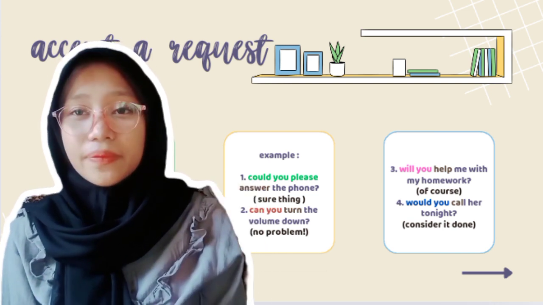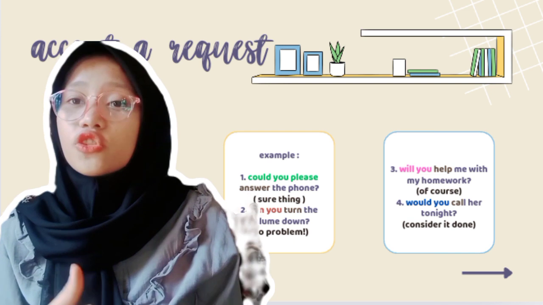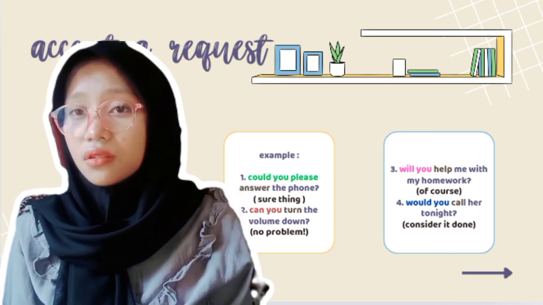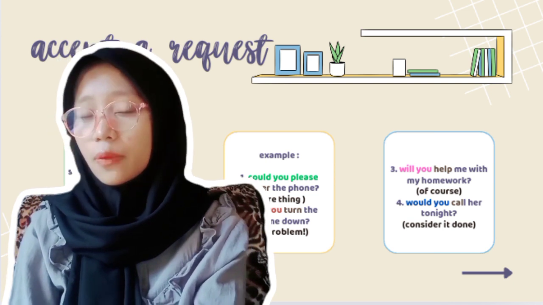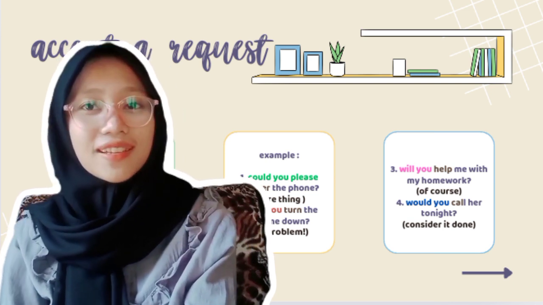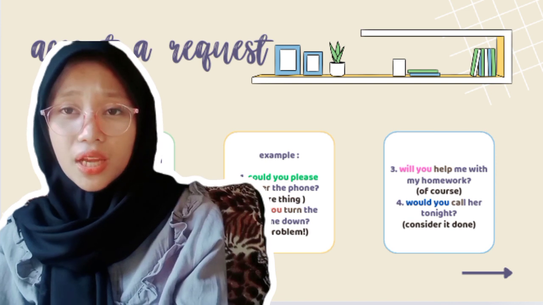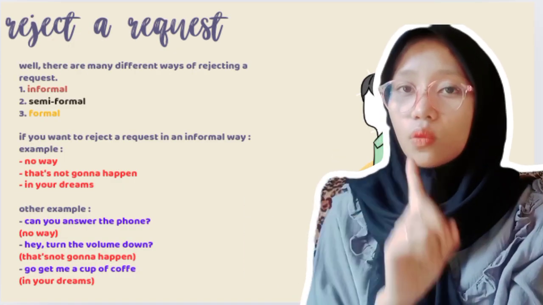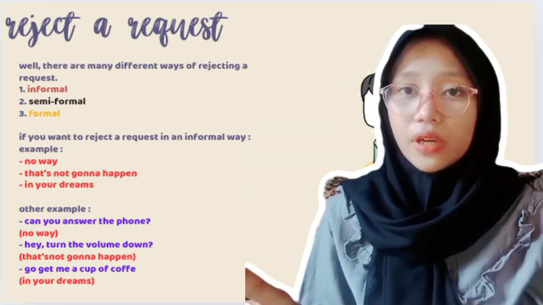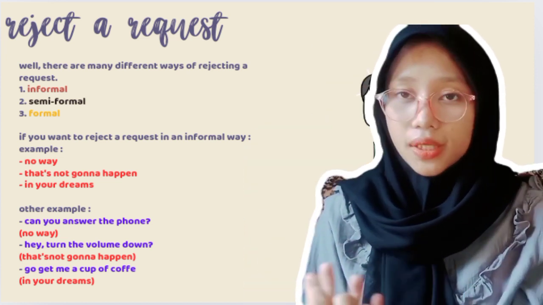Oh, sure thing. Can you turn the volume down? No problem. Will you help me with my homework? Oh, of course. Will you call her tonight? Oh, consider it done.